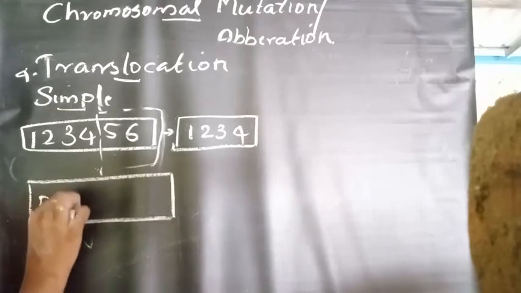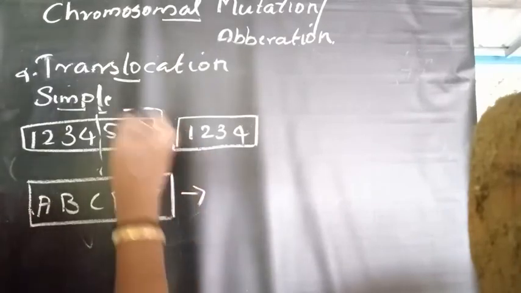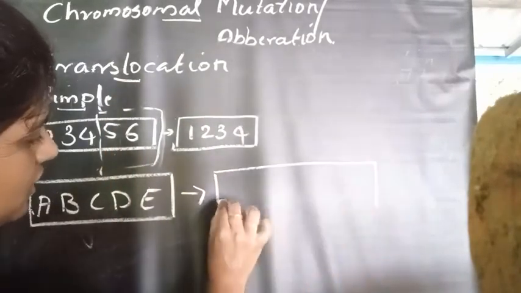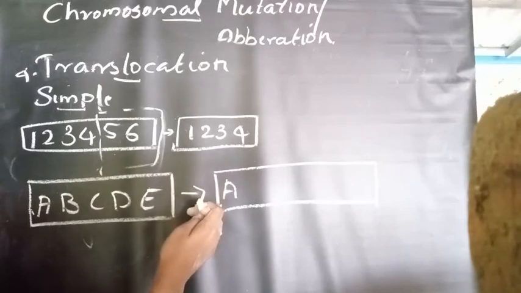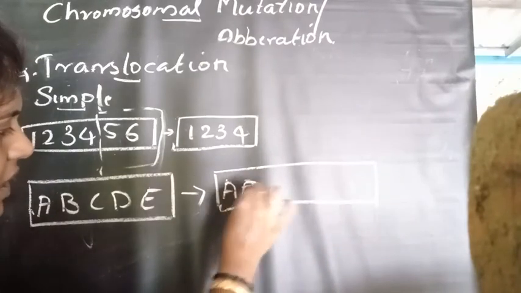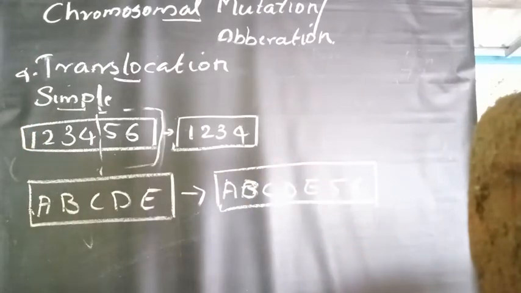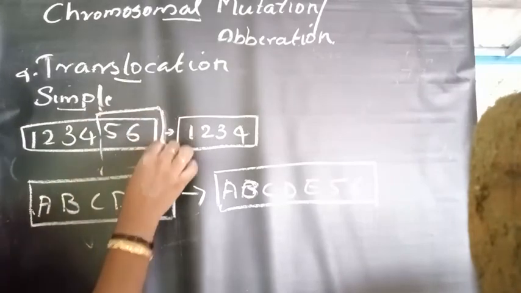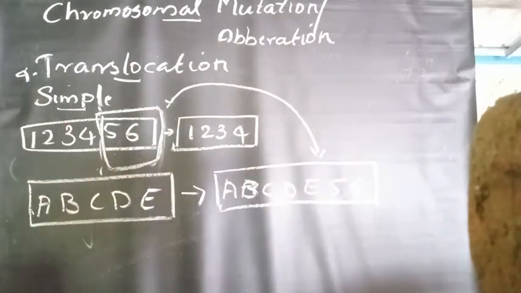This chromosome is A, B, C, D, E. This portion breaks and reunites in the other chromosome, at the end of the chromosome, either at this terminal end or that terminal end: A, B, C, D, E, then 5, 6. This is simple translocation. So simple translocation means when a chromosomal segment breaks and reunites to the end of a non-homologous chromosome.